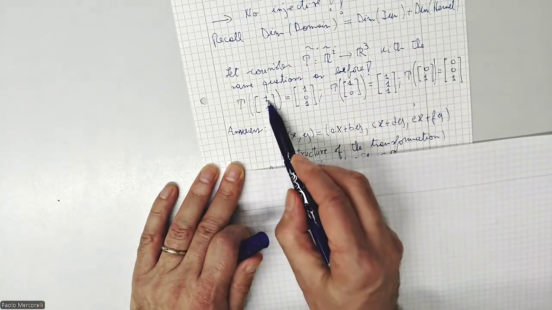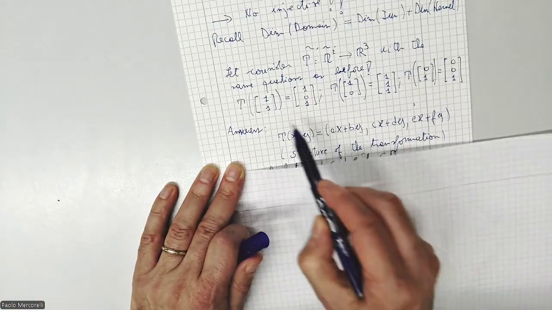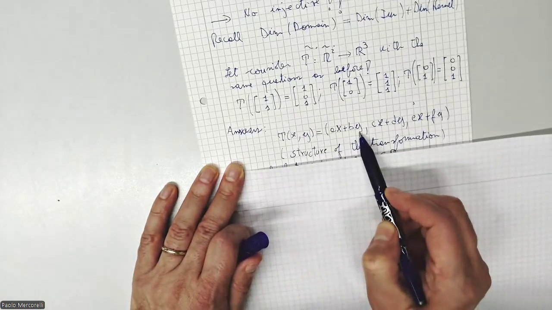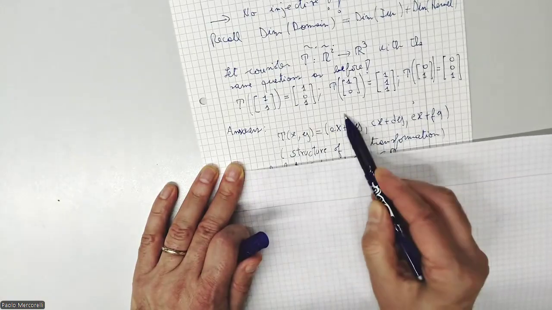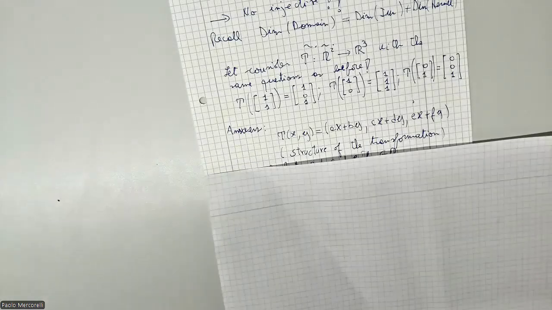Again, x equal 1 means a·1, and y equal 1 in the domain means plus b·1 equal 1. Why? Because this element is the first element of the image.